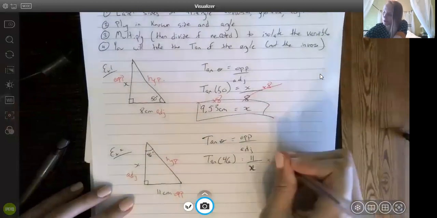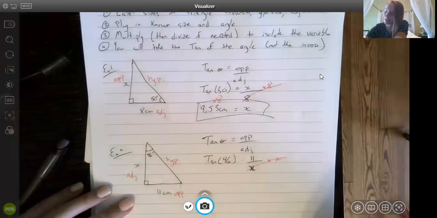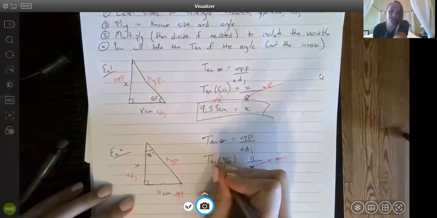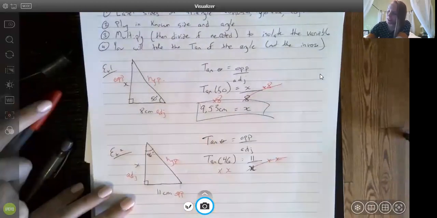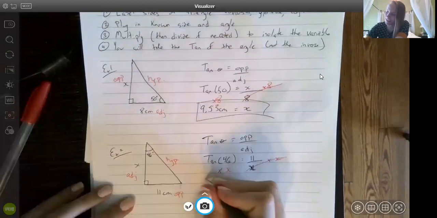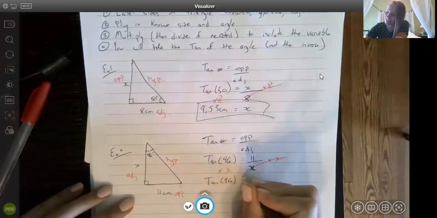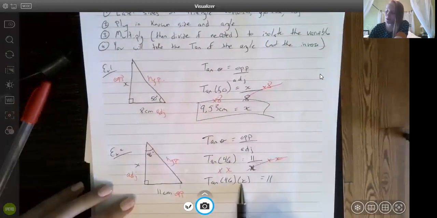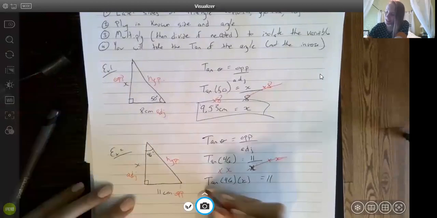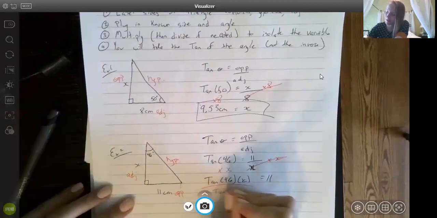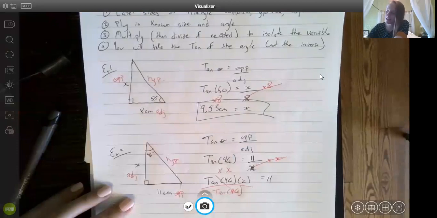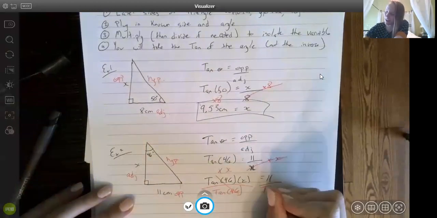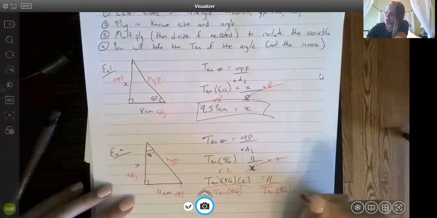So I'm going to multiply by x to cancel that out, which means I also multiply the other side by x. That leaves me with the tan of 46 times x equals 11. And so my last step in order to get x by itself is to divide by the tan of 46 to cancel that out, which means I also need to divide the other side by the tan of 46.